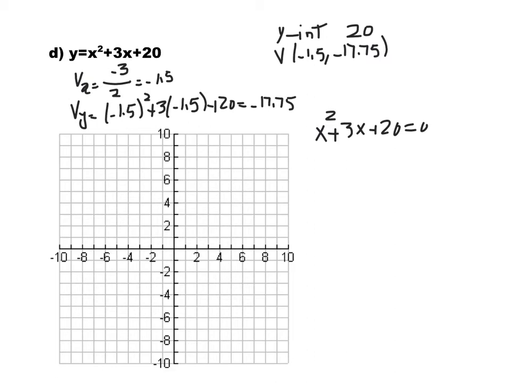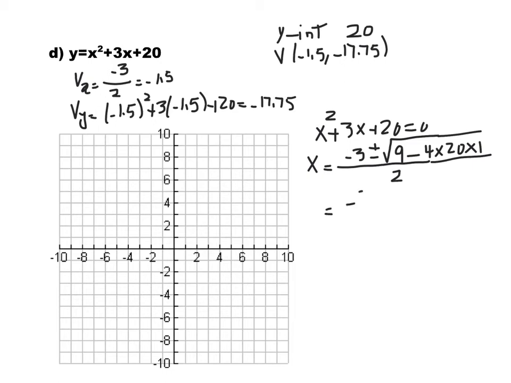To find the zeros, I'm going to use the quadratic formula. I'm going to say the roots are minus b, minus 3, plus or minus the square root of b squared, which is 3 squared, which is 9, minus 4ac, which is 4 times 20 times 1, divided by 2a, which is 2.